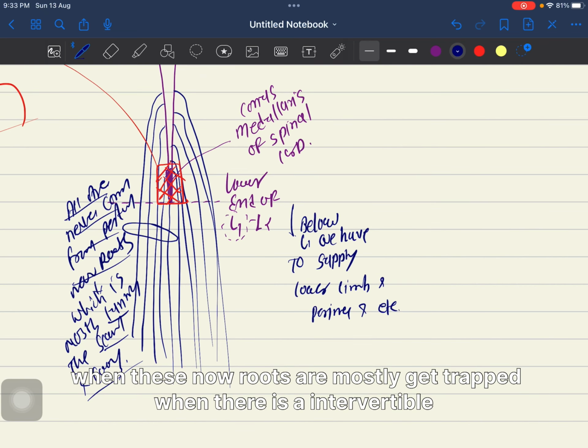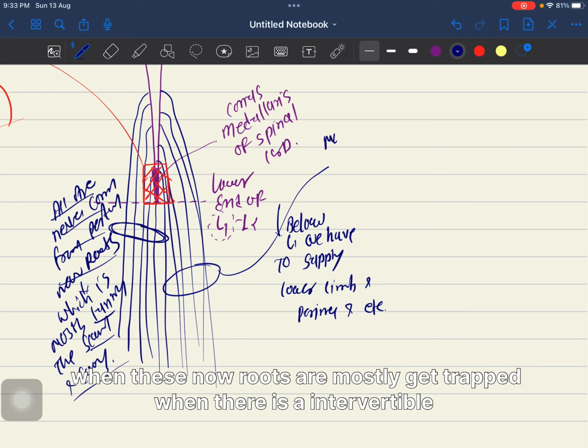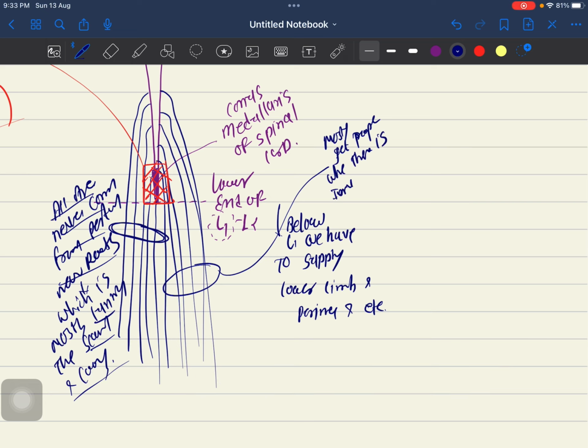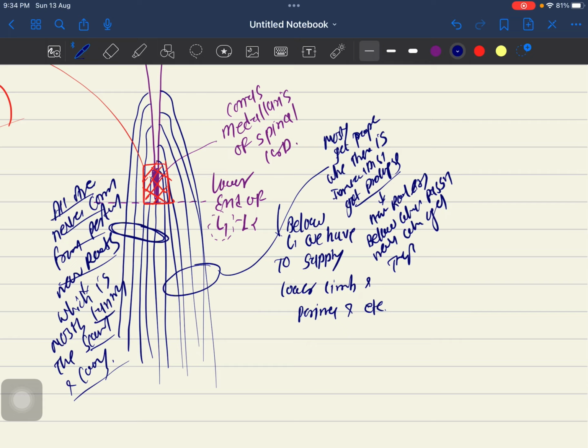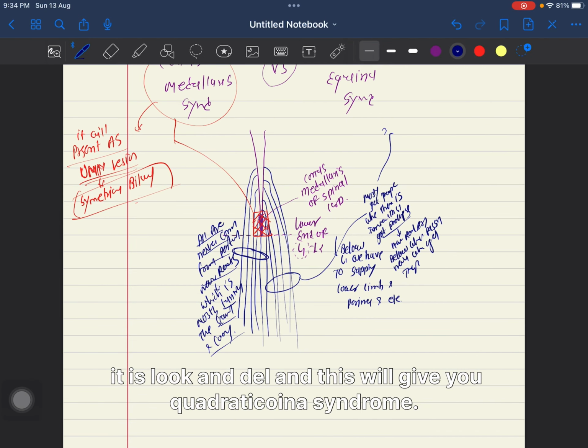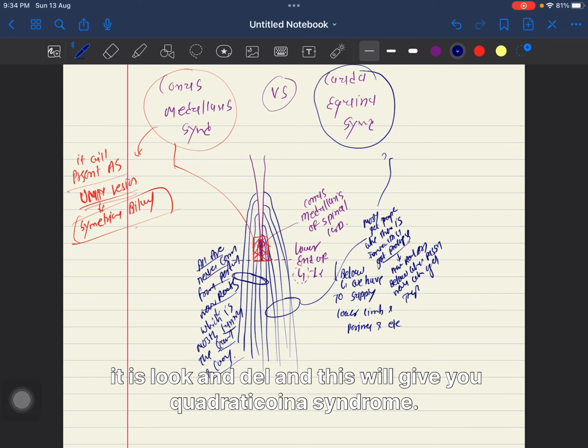And when these nerve roots get trapped, mostly when an intervertebral disc prolapses and the nerve roots passing below get trapped, this will give you Cauda Equina syndrome.